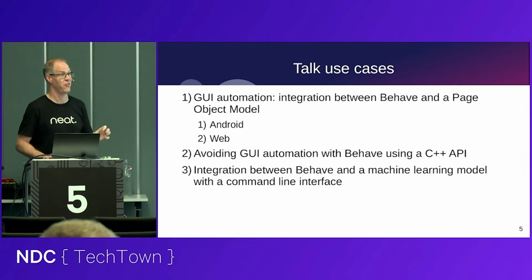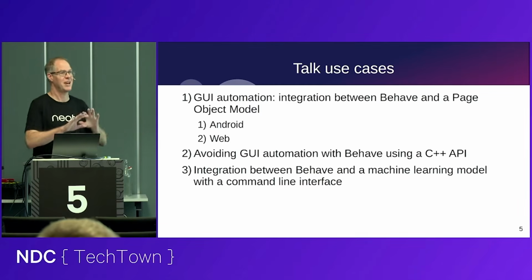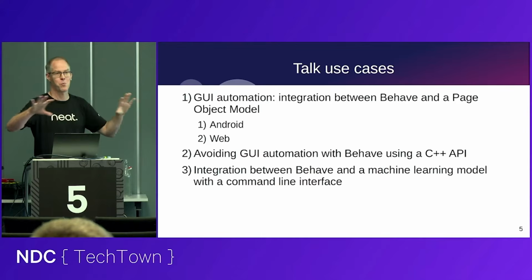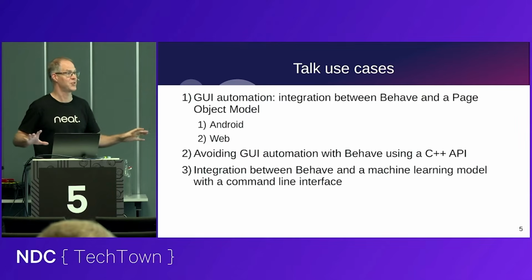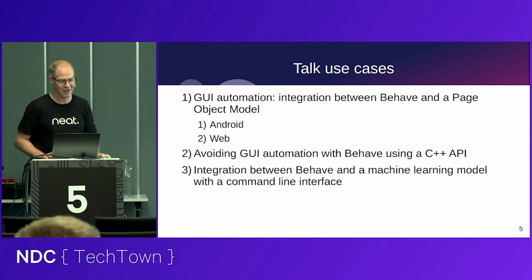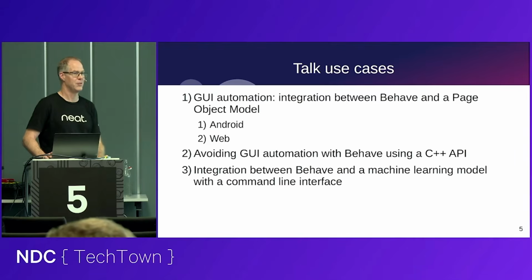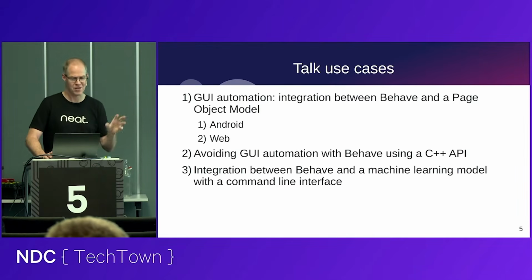Don't repeat yourself, because if you know anything about GUIs, they will change. So you can't have references to the GUI spread out across your entire test suite and expect to survive. So the page object model is a nice solution to ensure that your GUI automation tests are maintainable. And it has some other benefits.